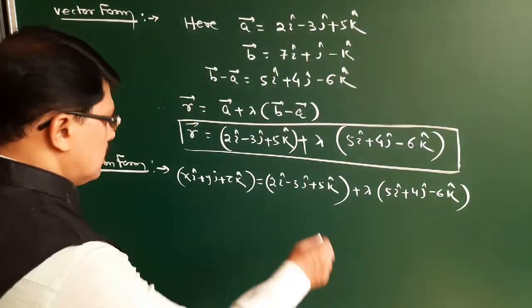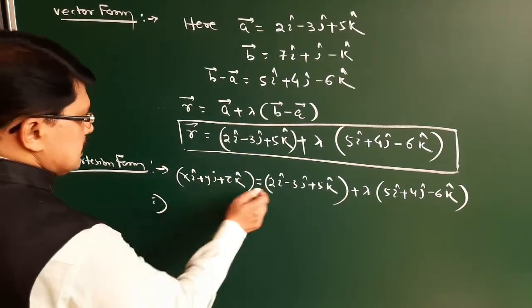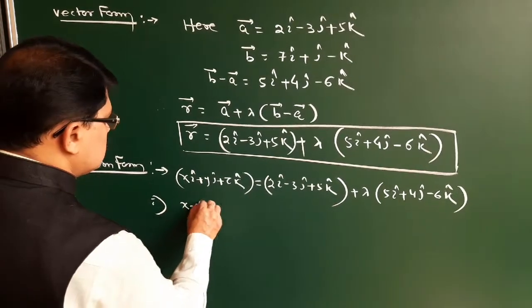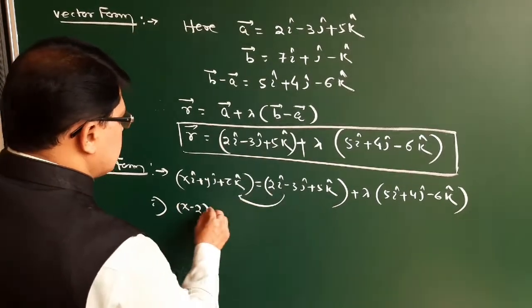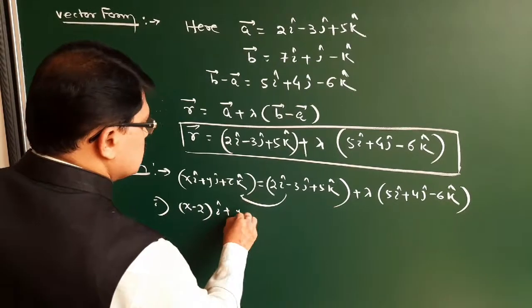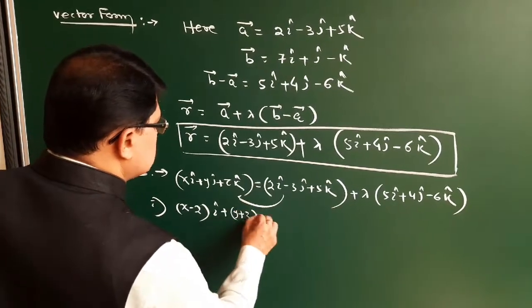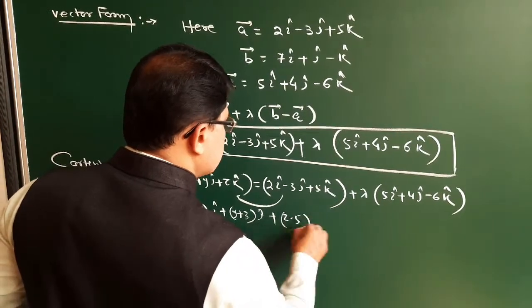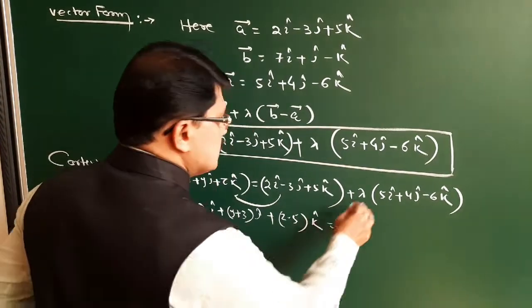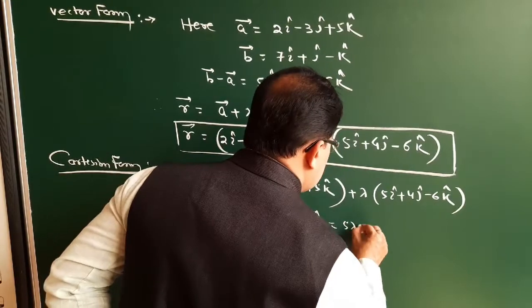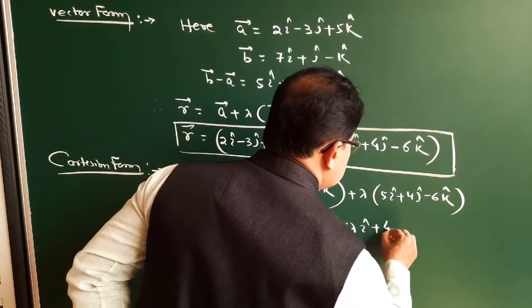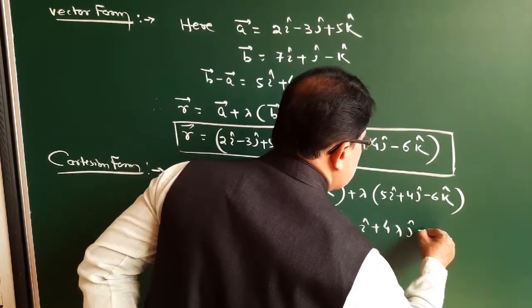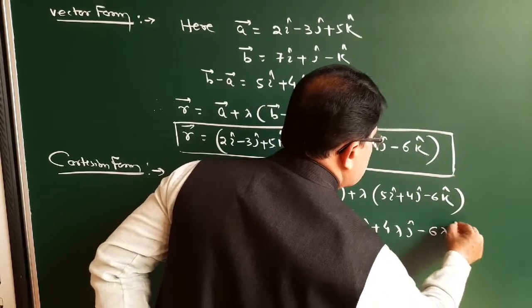Got it? Take it to the left-hand side: (x minus 2) into i cap plus (y plus 3) into j cap plus (z minus 5) into k cap equals 5 lambda i cap plus 4 lambda j cap minus 6 lambda k cap.